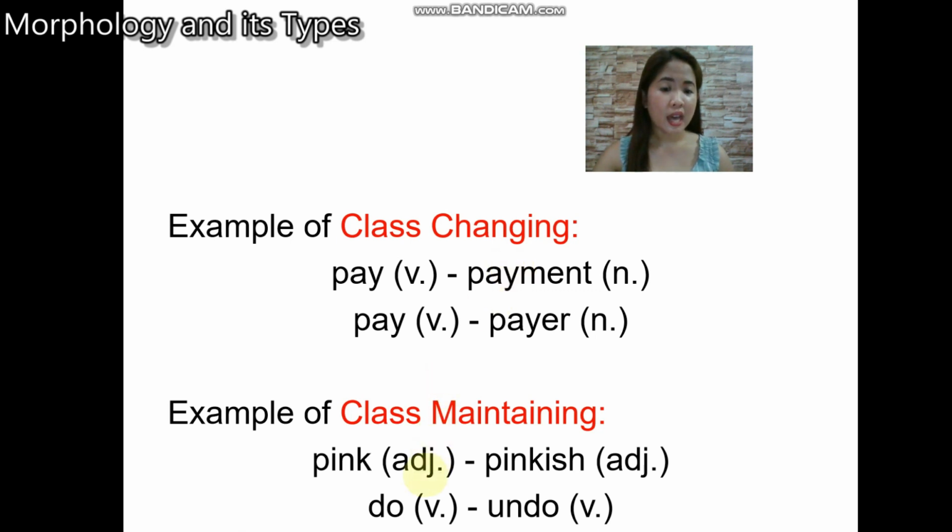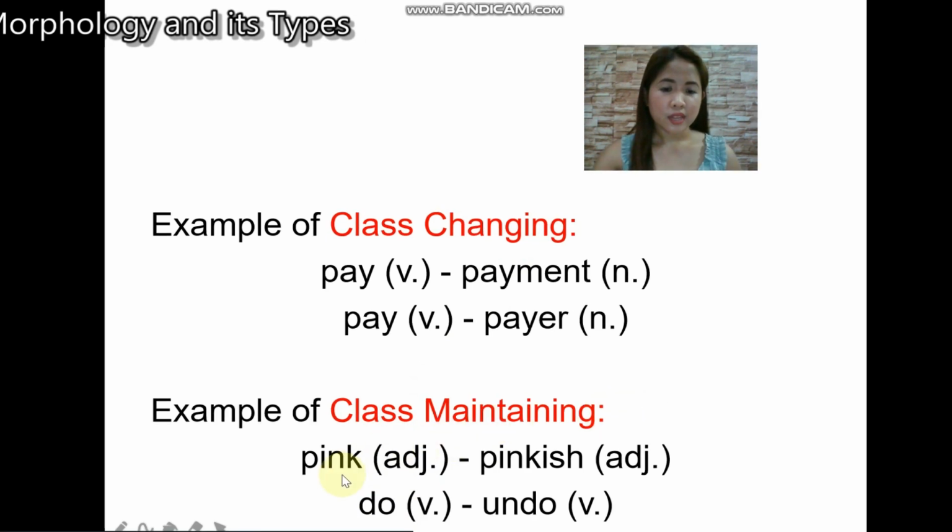Then we also have examples of class maintaining. Say for example, we have the word pink. Pink functions as adjective. Now, if we add ish suffix, it becomes pinkish. Now, as you notice, it also functions as adjective. Then we also have the verb do.